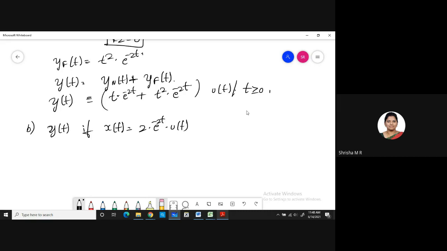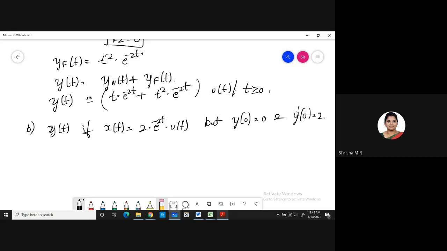So part B is to find the total response if the input is x of t, the same as part A, but the initial conditions have changed. Y of 0 is equal to 0 and y dash of 0 is equal to 2. The input signal is the same as part A, but the initial conditions are doubled. So the principle of superposition will hold good for the natural response, and the natural response should be doubled.